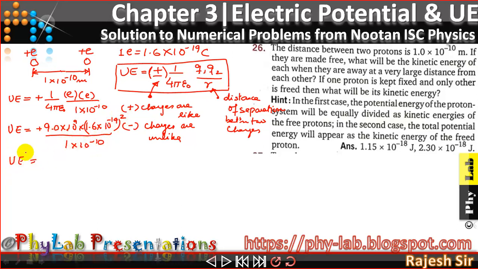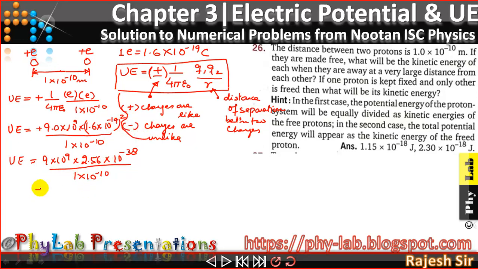Let's do the calculation for that, friends. So 9 × 10^9, 1.6 squared will be 2.56 × 10^-38, friends, upon 1 × 10^-10.